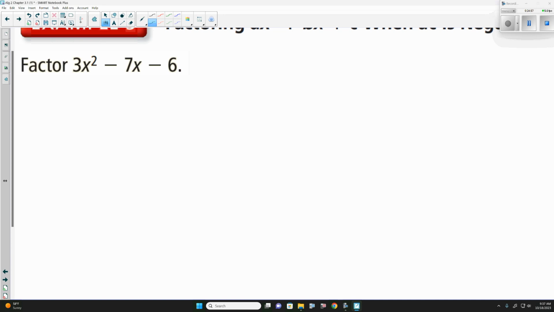But also, the more of them that you do, you'll start seeing patterns in how the numbers work out, especially with the middle term. If the middle term is bigger, we're probably going to use bigger factors, or how they multiply together is going to give us a bigger number. If the middle term is smaller, we're probably going to use smaller factors or factors that are closer together.